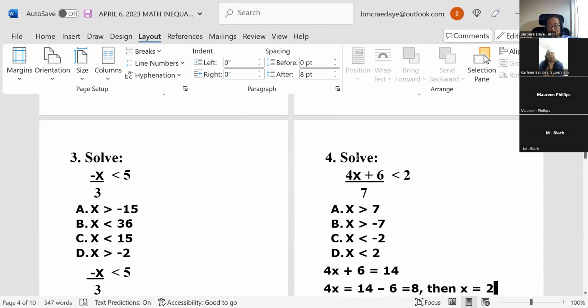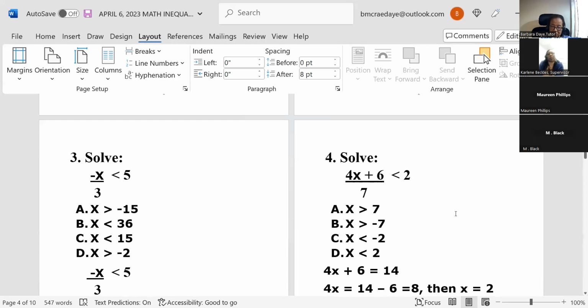Even though this says 4x plus 6, that 4x plus 6 must add up to 14, because 14 over 7 will give you 2. So if I set that equal to 14 and then solve for my x, I get my answer 2. Now you could multiply 7 by both sides and get 14 and then subtract the 6 out.